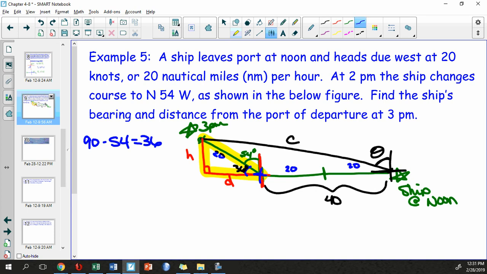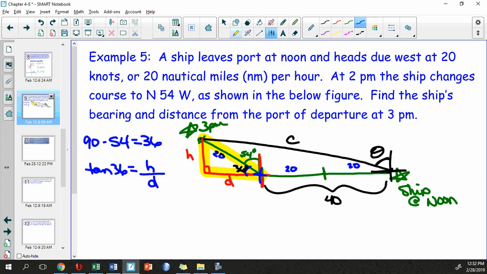Can I find H and D now? I sure can. So how do I find H? Well, according to this angle 36, H is opposite and D is adjacent. What trig function deals with opposite and adjacent? Tangent. So the tangent of 36 is equal to H over D. Is that very helpful?